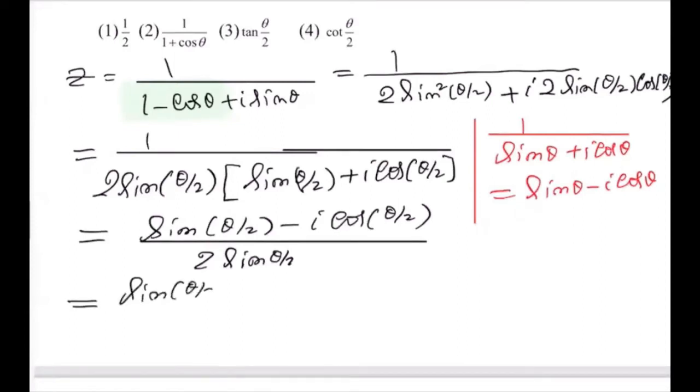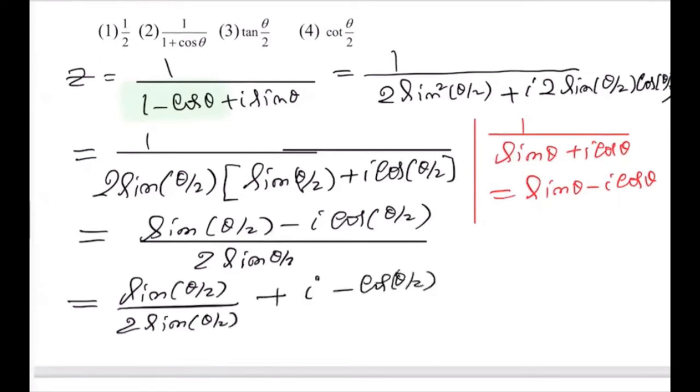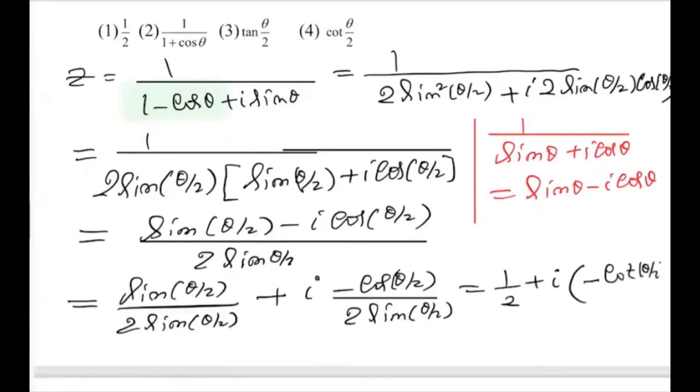Sine of theta by 2 upon 2 times sine of theta by 2 plus i times minus cos of theta by 2 upon 2 sine of theta by 2. That is 1 by 2 plus i times minus cot of theta by 2 upon 2. So the real part is 1 by 2. And this is the imaginary part. The answer is first option.